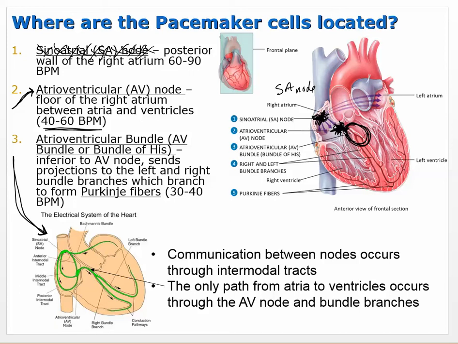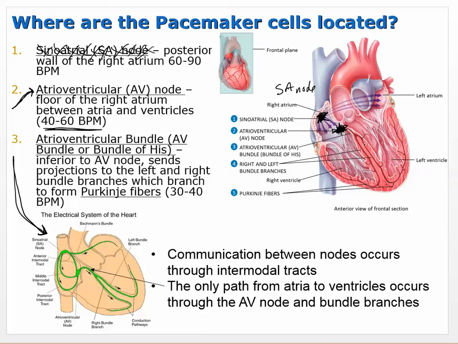Okay, so when these depolarize, it moves through this area and pauses, like a 0.1 second pause or something like that, and then it continues on into the ventricles. So if the SA node fails and the AV node fails, it's not going to send a signal. I can tell you that if these both fail, it's not going to send a signal to the ventricles saying to contract. Okay, it's just not going to happen.